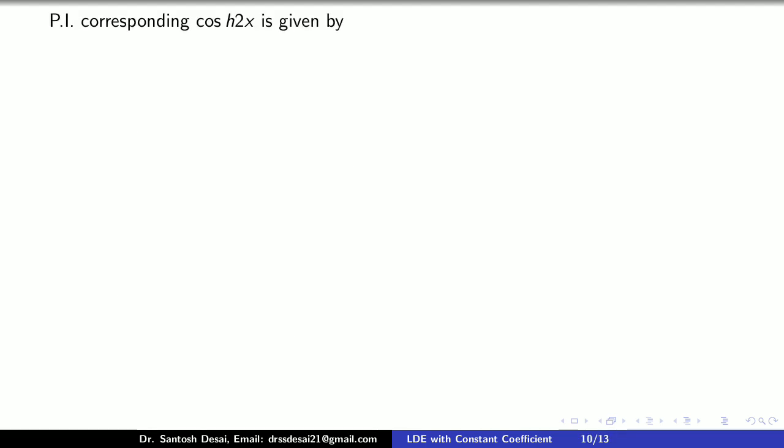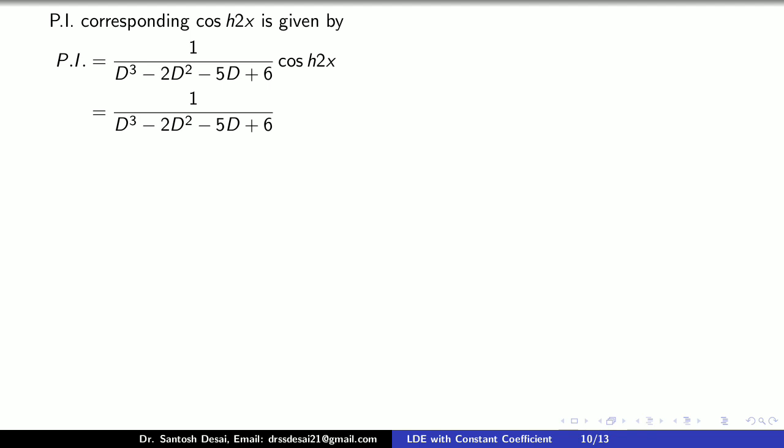Now we find the particular integral corresponding to cos hyperbolic 2x. So PI is equal to 1 upon f of d. Here 1 upon f of d is 1 upon d cube minus 2d square minus 5d plus 6, into X, and X is nothing but cos hyperbolic 2x. Now we know the formula for cos hyperbolic 2x. So I replace cos hyperbolic 2x by the corresponding formula in exponential form.